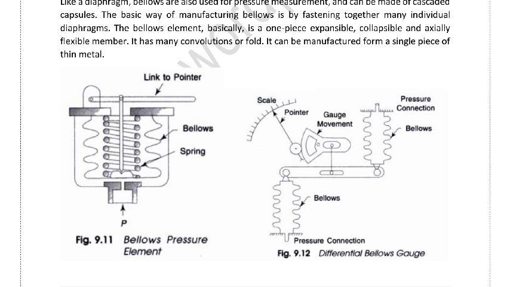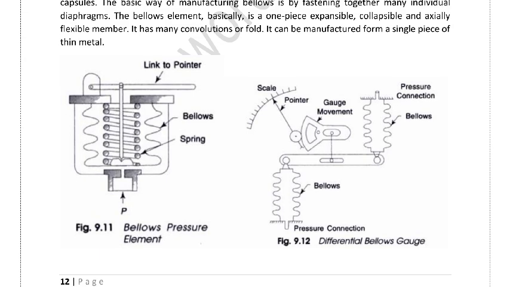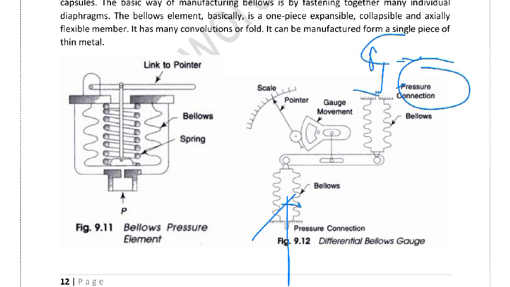When pressure is applied from this side, and this is the pressure connection, the other one is a different pressure, or the atmosphere, anything can be here. Based on the pressures it will move, so we can find the pressure.